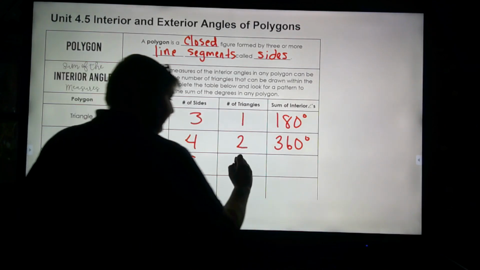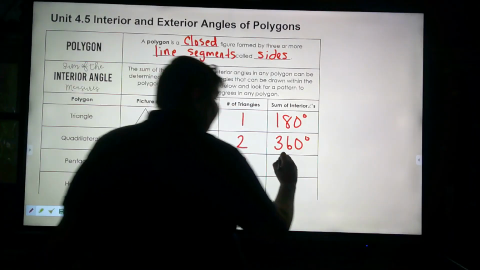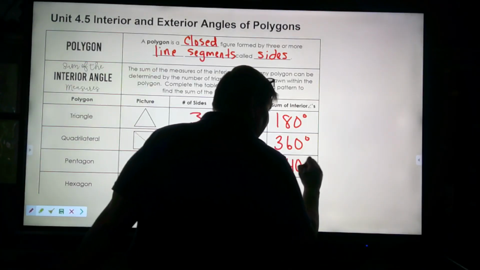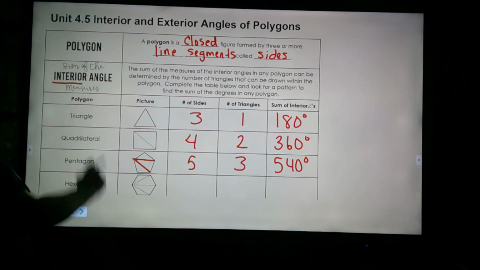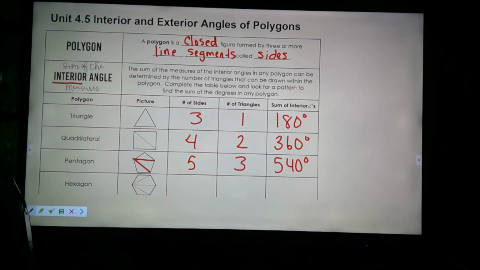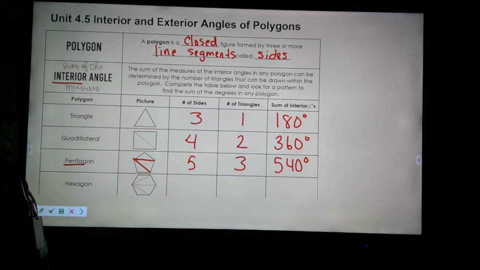You can make 3 triangles inside of a pentagon, and that gives you 540 degrees when you add it up. The interior of a pentagon is 540 degrees. Are we sensing a pattern? Hopefully you see the pattern.